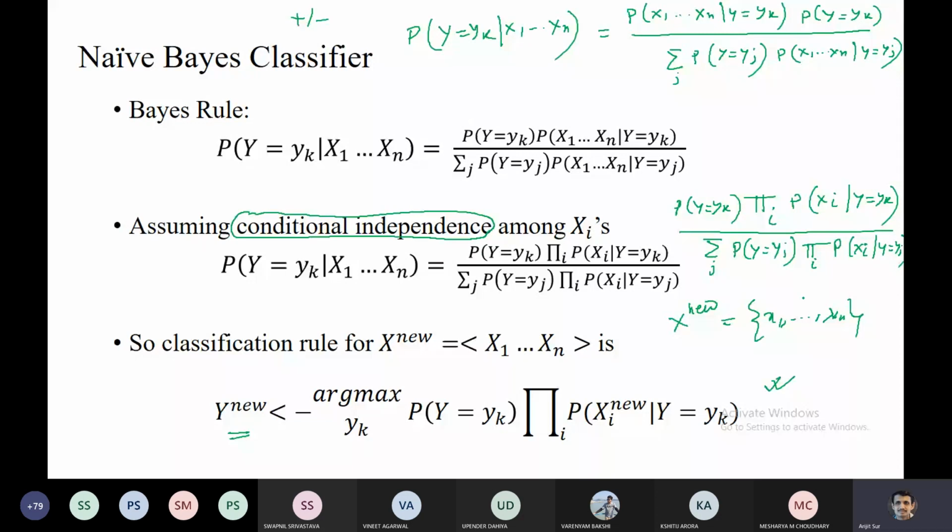Before we go further, I just want to ask a bit of an out of context question. I asked that question on a very early slide of today's class: what do you mean by discriminative learning and what do you mean by generative learning?